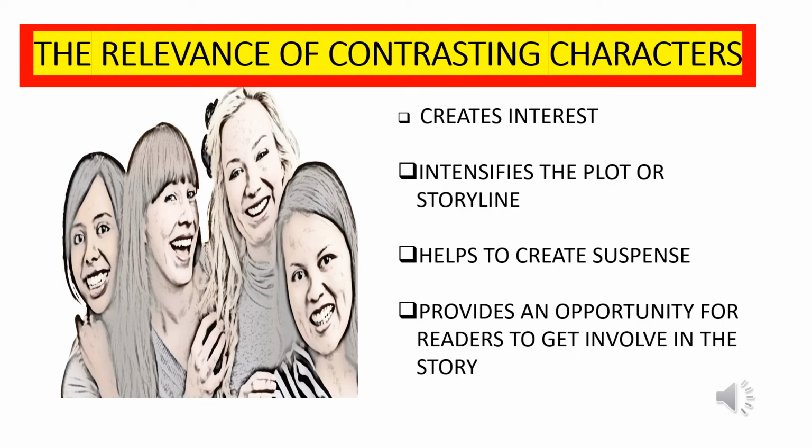So we see that these points are overlapping. Of course, it provides an opportunity for readers to get involved in the story as well, because based on how we view the characters, we're able to predict sometimes how a character may respond to a given situation. All right, that information was helpful.